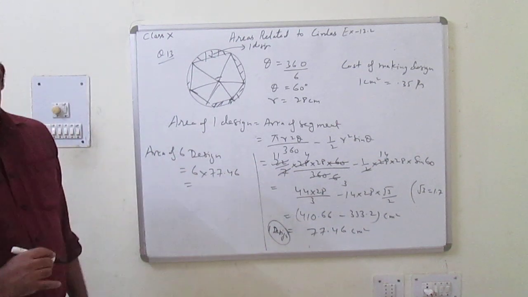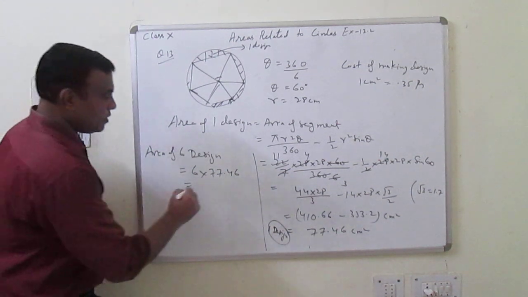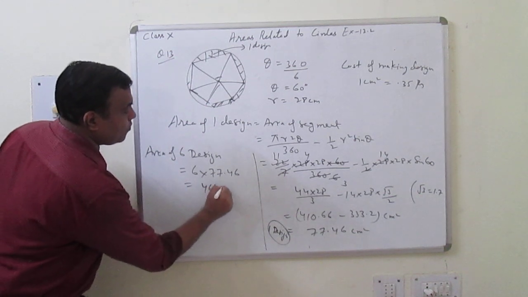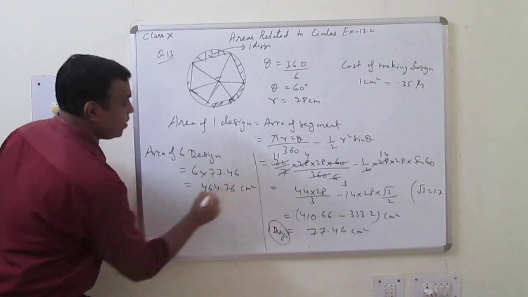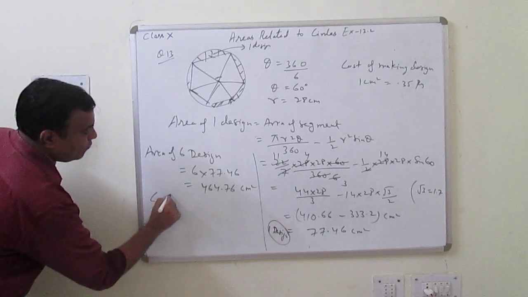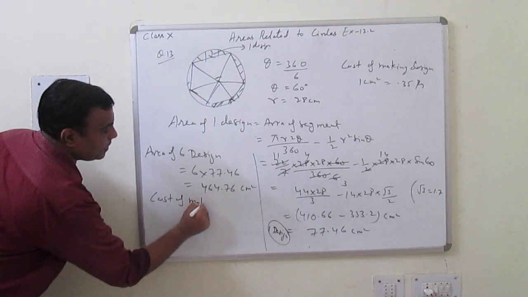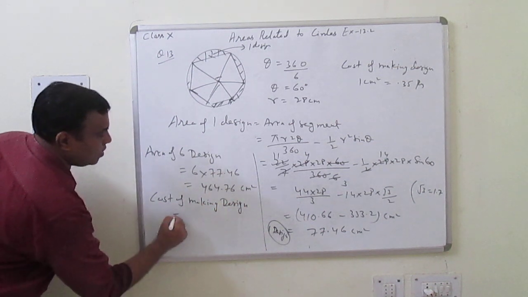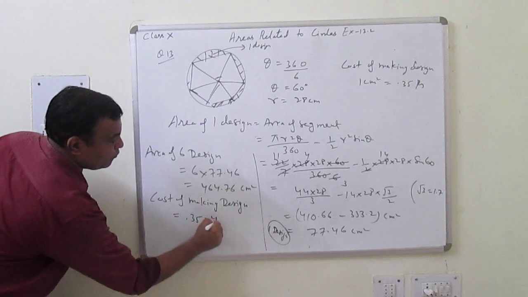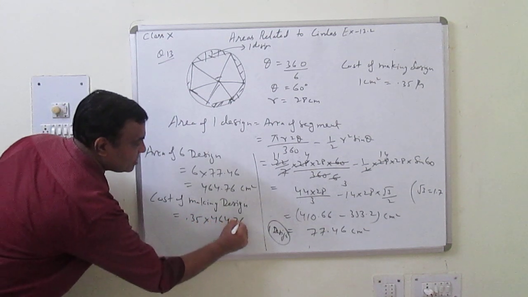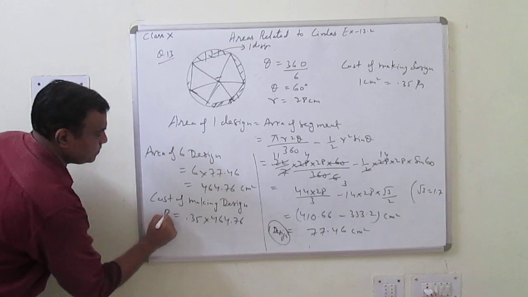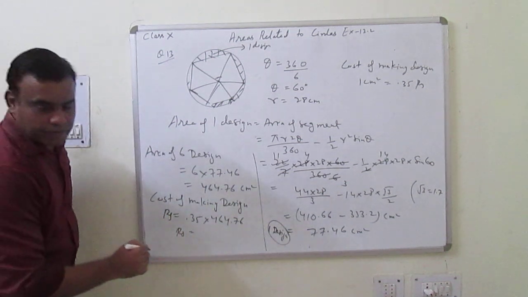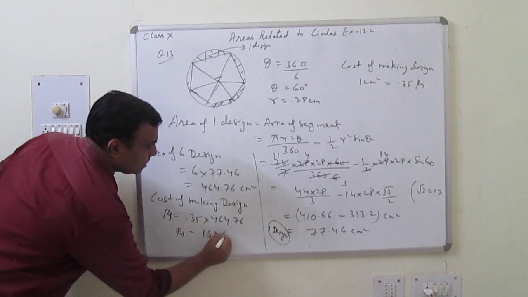You will get 464.76 centimeter square. Cost of making the design, how much was spent? 0.35 into 464.76 rupees. So how many rupees is it? If you multiply it you will get 162.66 rupees.